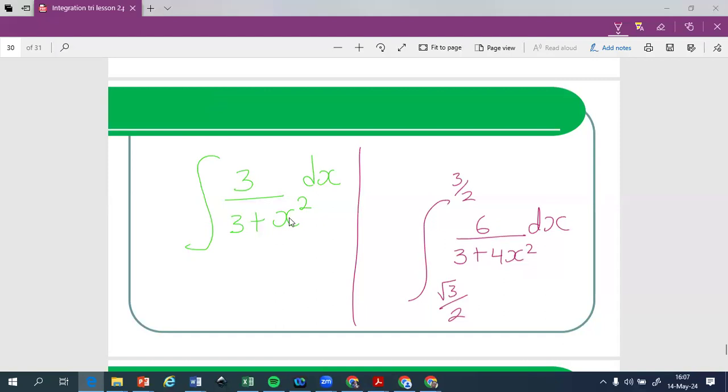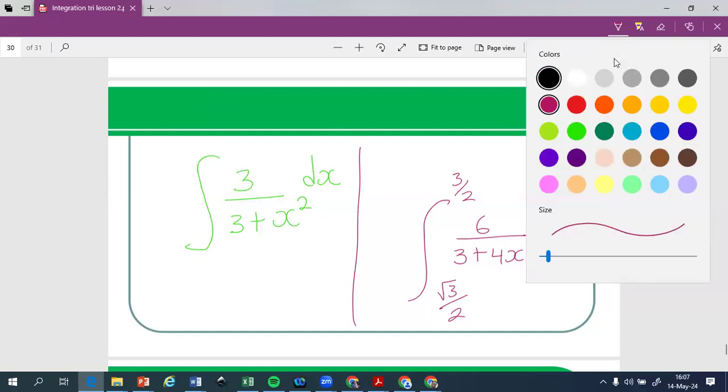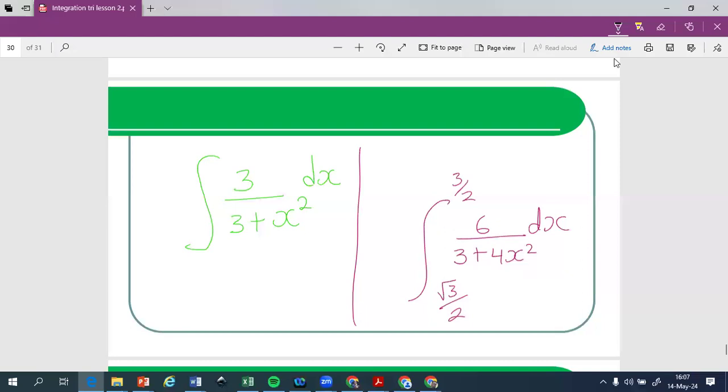Okay, someone to share with us, anyone who has finished to integrate. What answer do you have? Yes, Kusima. I have root 3 tan inverse of 2x out of root 3.